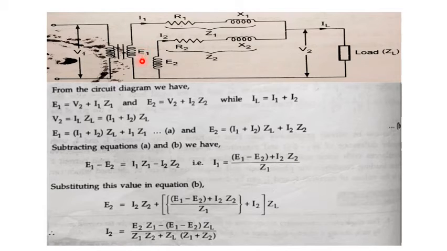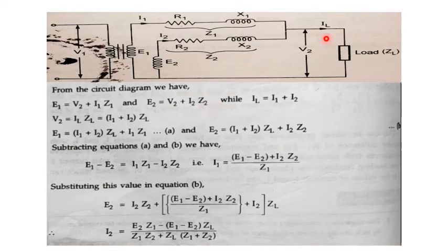So E1 is equal to the voltage drop across the load V2 plus the voltage drop across the impedance Z1, that is I1 into Z1. Similarly, E2 is the combination of the voltage drop across the load and the voltage drop across the impedance Z2. So E2 is equal to V2 plus I2 Z2.